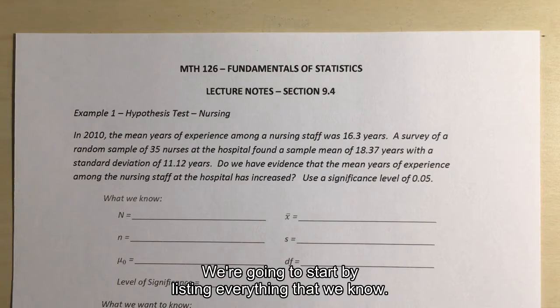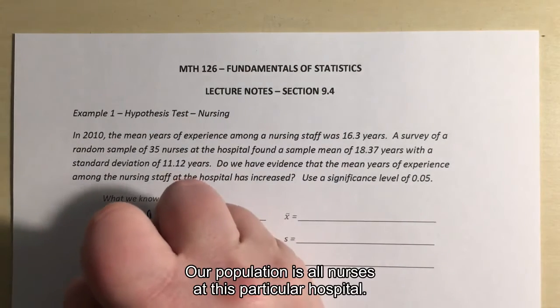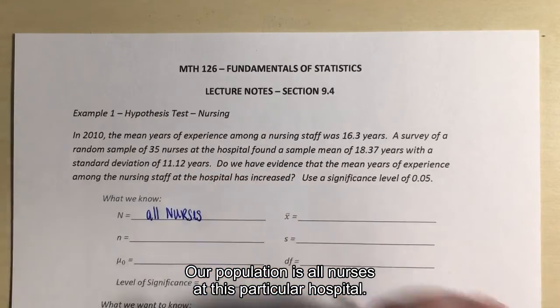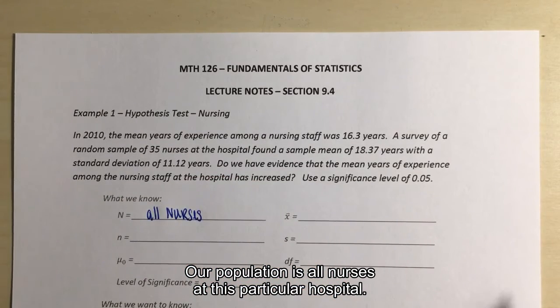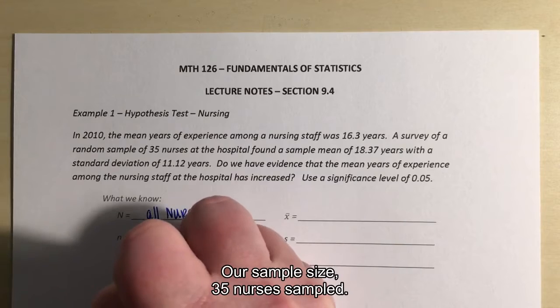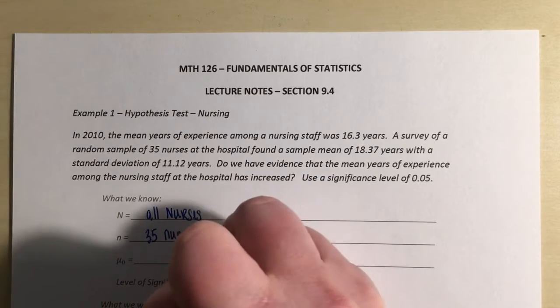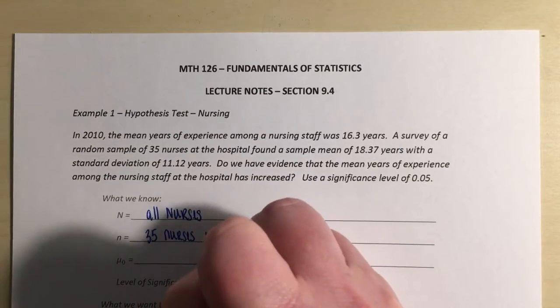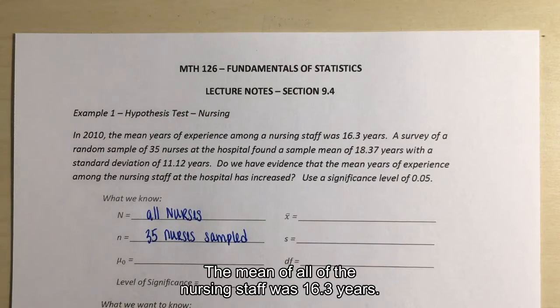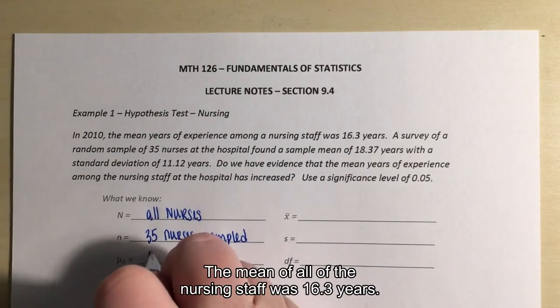So we're going to start by listing everything that we know. Our population is all nurses at this particular hospital. Our sample size, 35 nurses sampled. Our mu naught is the mean from 2010. The mean of all of the nursing staff was 16.3 years.